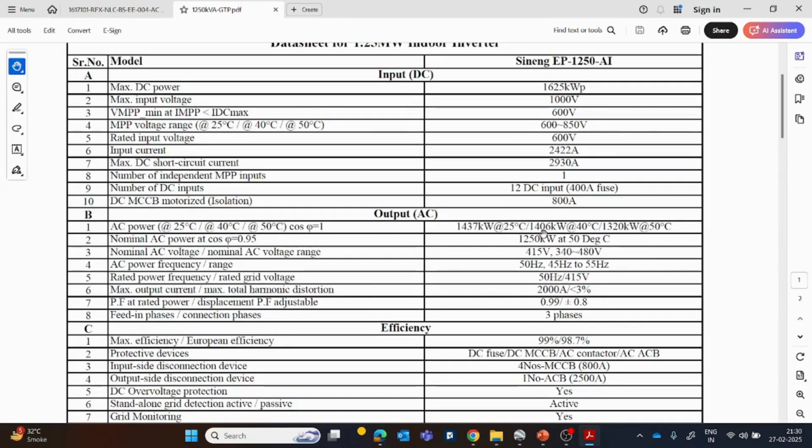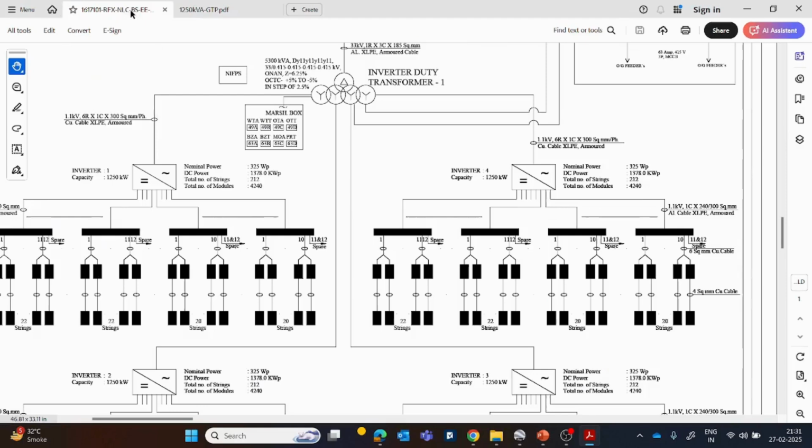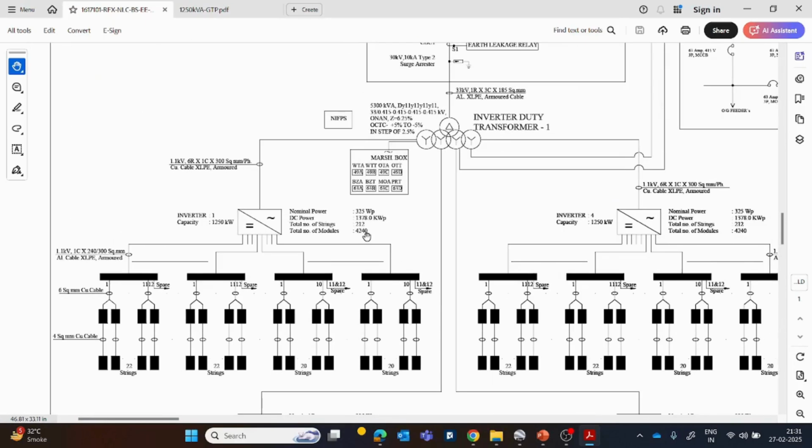At 50 degrees centigrade 1406, but nominal is also higher, but we had presented it as 1250. As I said, we can always restrict the maximum output power by informing our supplier. But even if it gives 1320, there's no problem, and I'll explain that a bit later. So right now just consider that the inverter rating is 1250 and there are four inverters.